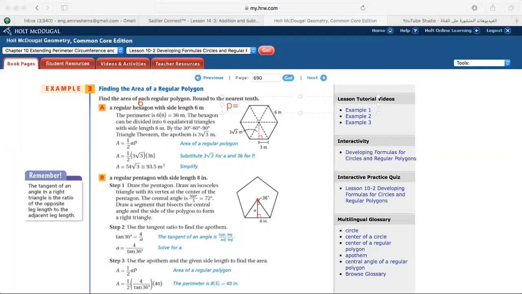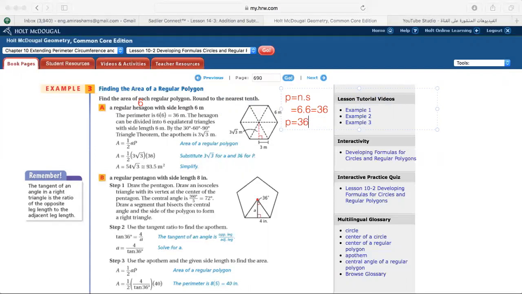P is equal to N multiplied by S, where N is the number of sides of the polygon, which is 6, multiplied by the measure of each side, which is also 6, so it is equal to 36. So the perimeter P is equal to 36.